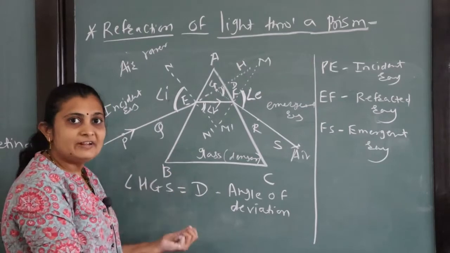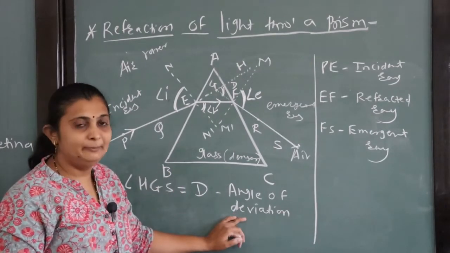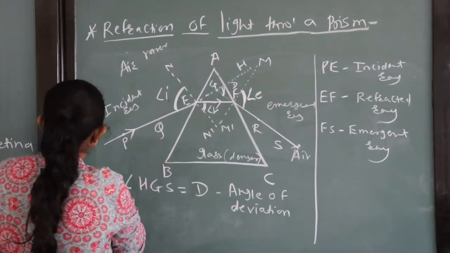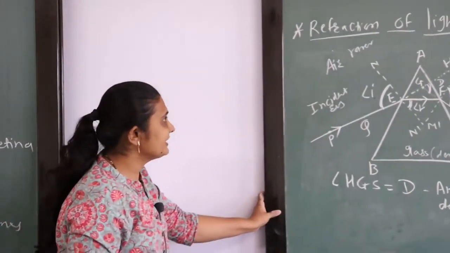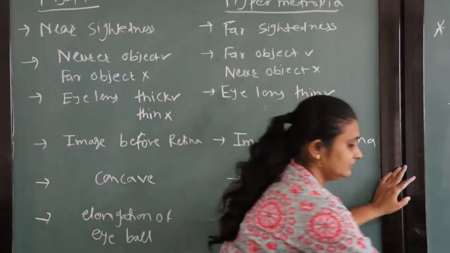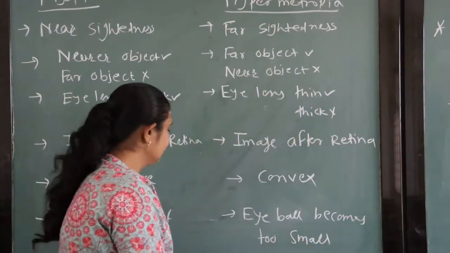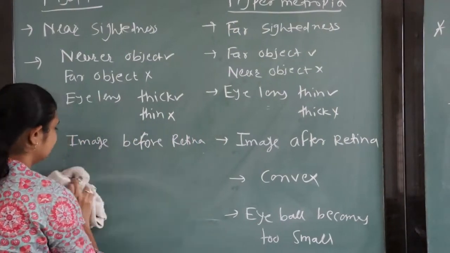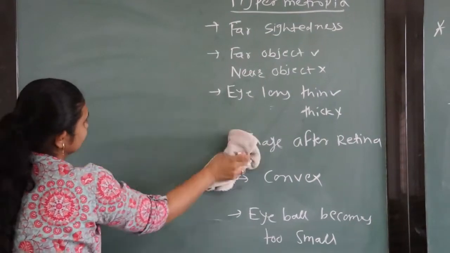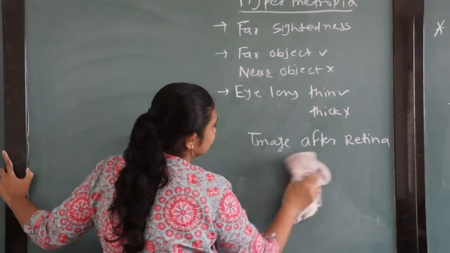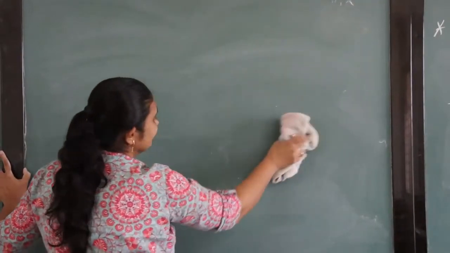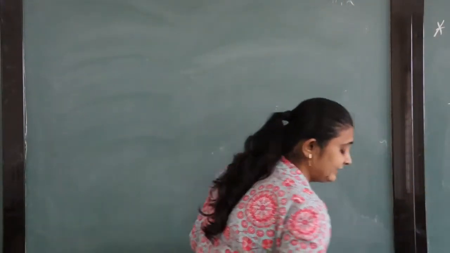Now on which factors does the angle of deviation depend? Angle of deviation depends on three factors.